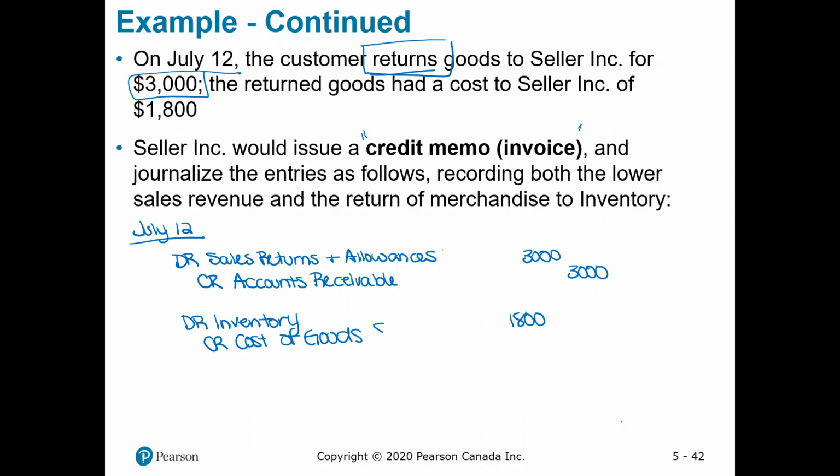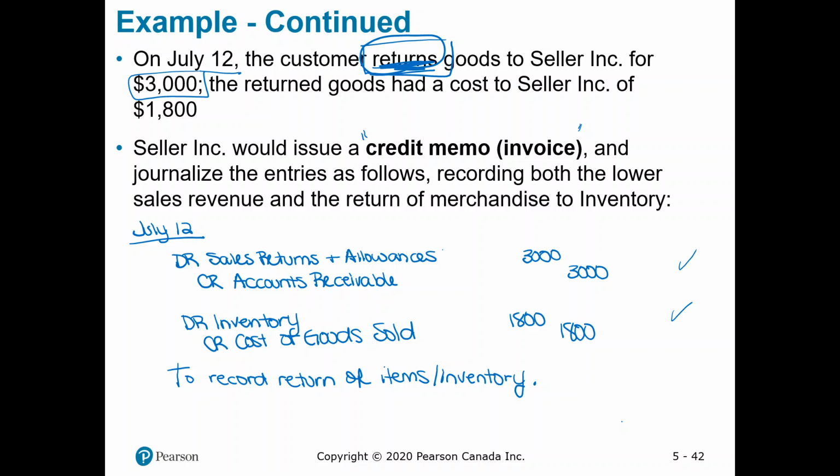These goods are no longer sold since they've been returned to us. So we also want to decrease that. To record return of items or inventory, something like that. So when it comes to a sales return, we have both the entries because we got those goods back.